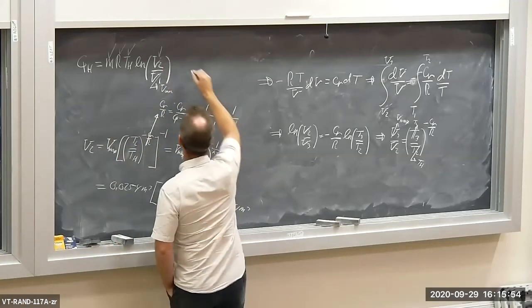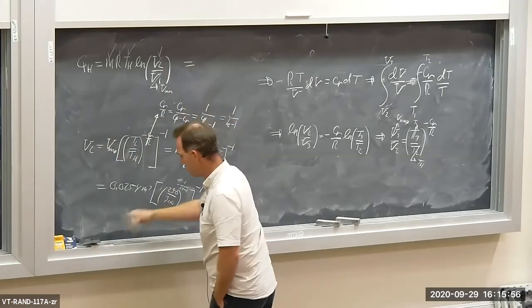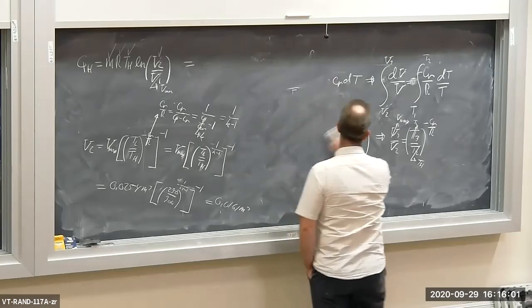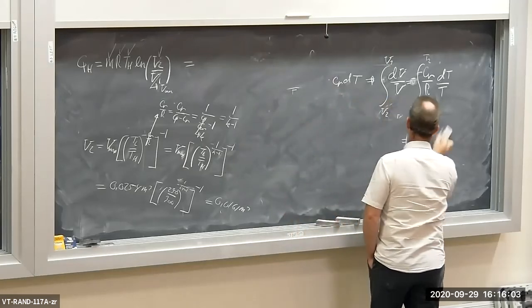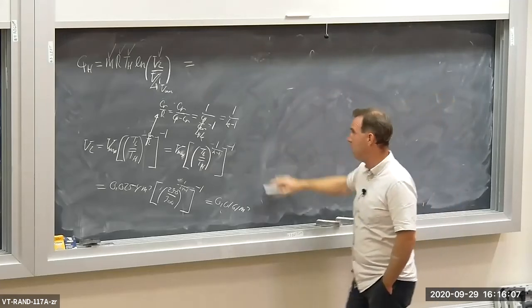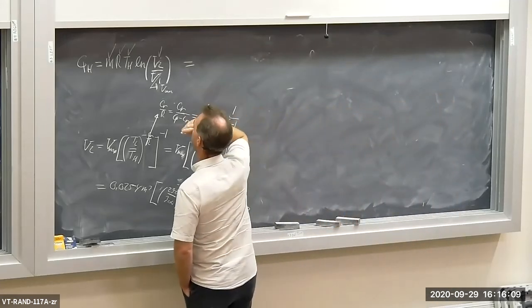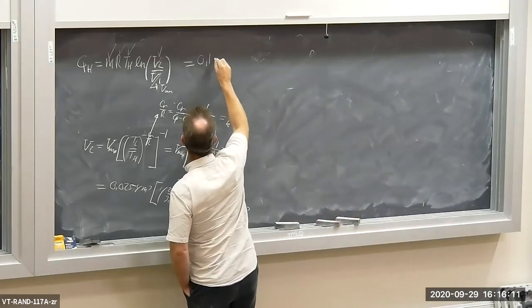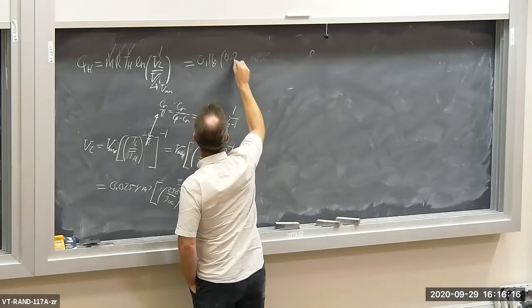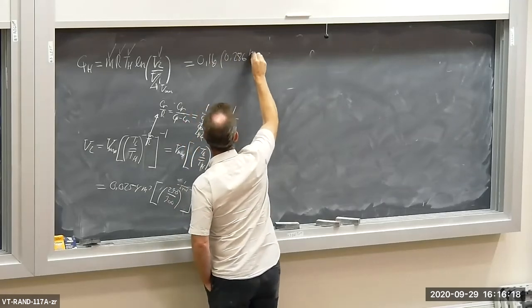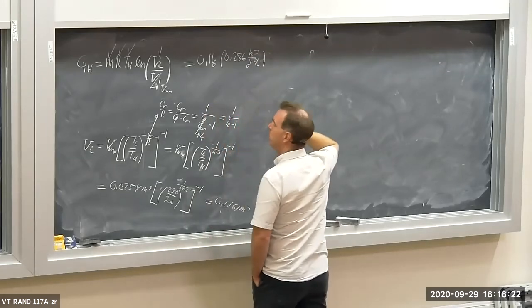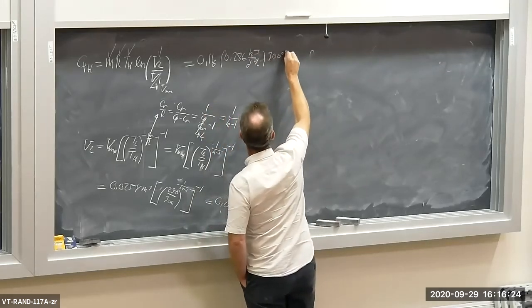So let's go back up here. Let's calculate the heat transfer. The mass is 0.1 kilograms. The gas constant is 0.286 kilojoule per kilogram Kelvin. The temperature T high is 300 Kelvin.